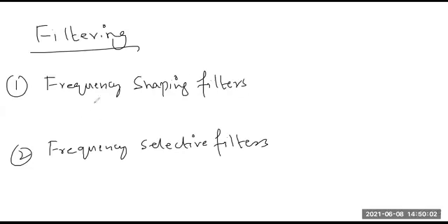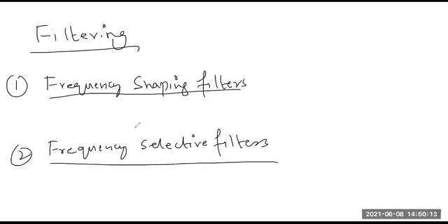What is the difference? There is a small difference in the behavior of these filters. So let's talk about वो क्या फर्क. In case of frequency shaping filter, we don't want to completely block frequency components. We just want to change the relative amplitude of different frequency components.